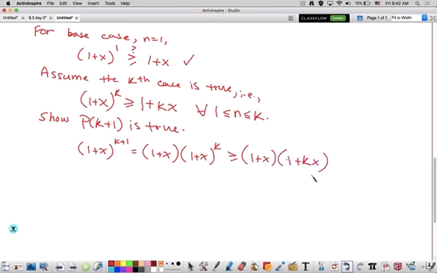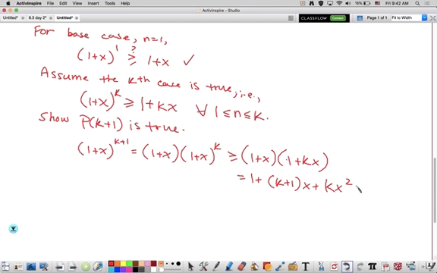Well, like Natalie did, you expand that out, which is equal to 1 plus, we get kx and 1x, so we get (k plus 1)x plus kx squared.